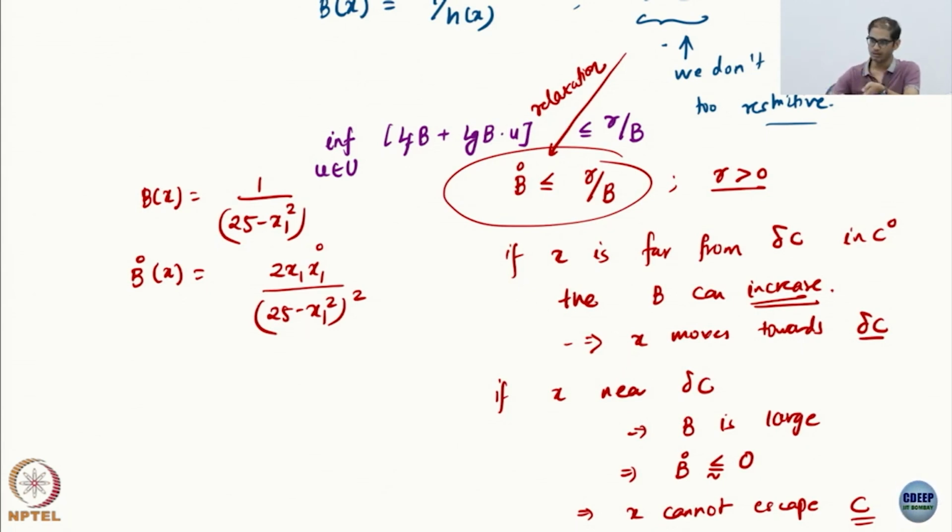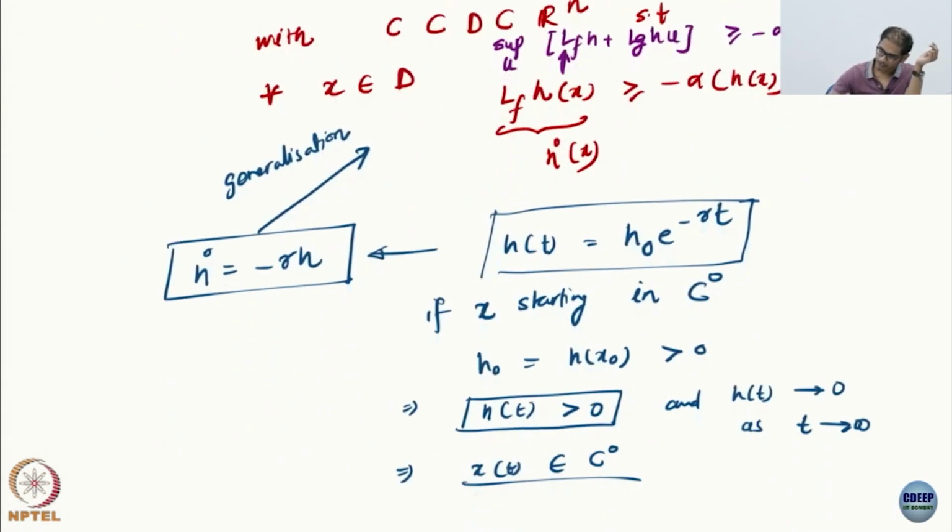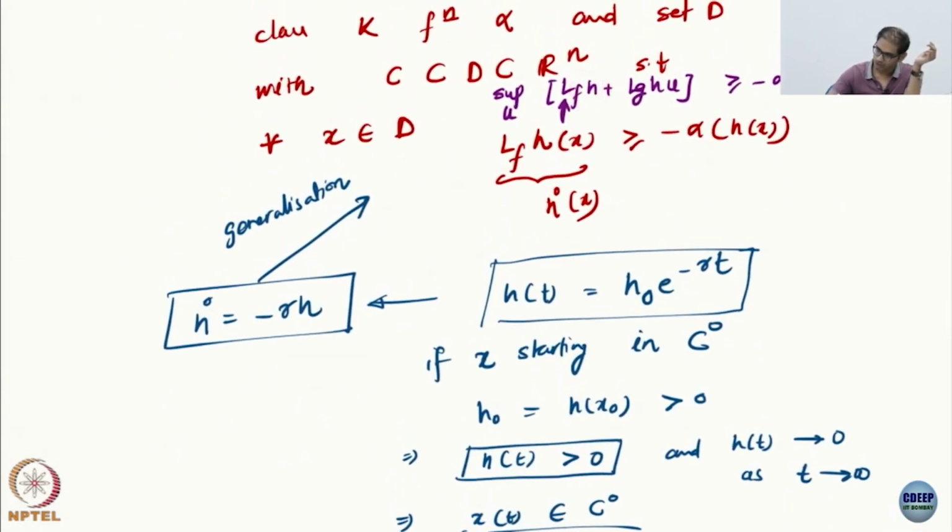In the control case, you can play with the control so that with whatever B or whatever h you have, using this control you can get this. That is the whole idea. I would strongly recommend you try, because that is what we did, the control problem.